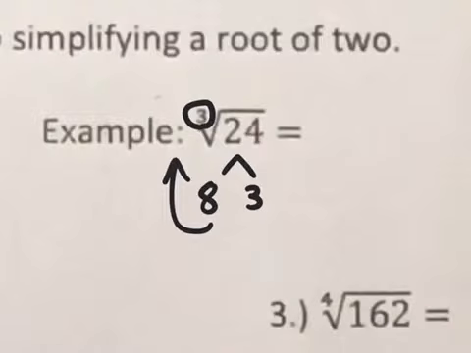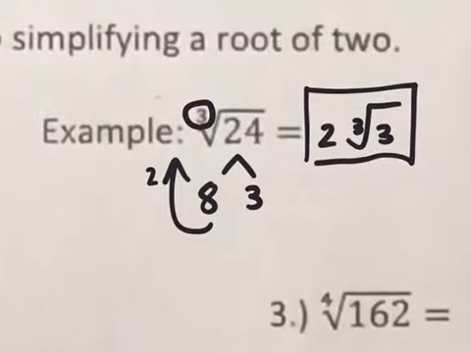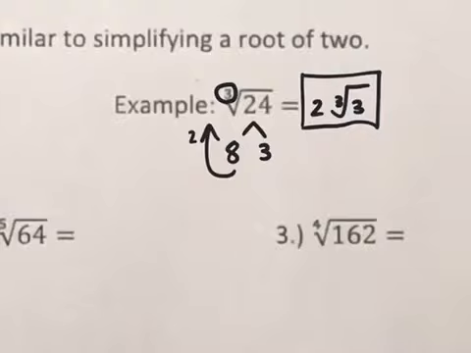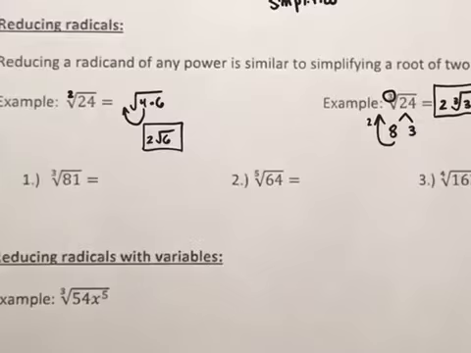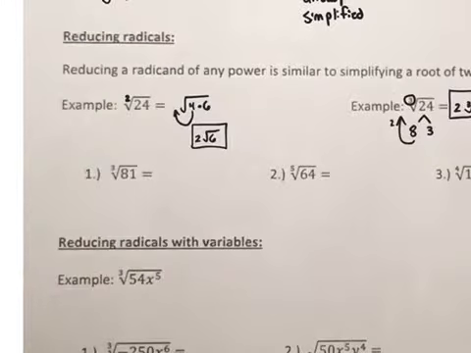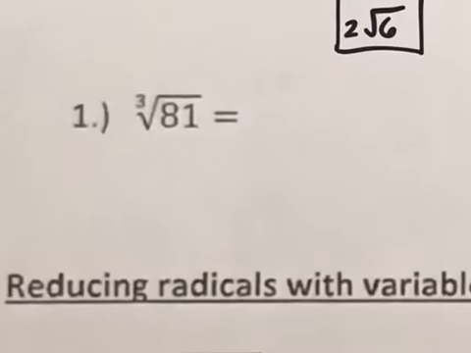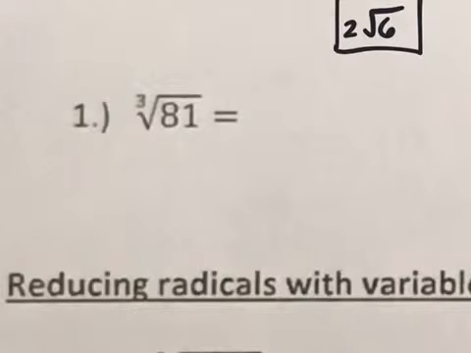The cube root of 8 is 2, so this one would be a 2 that escapes, still working with a cube root, and there's a 3 stuck over on the inside. All right, so you have to pay attention to your index to decide what type of perfect squares, perfect cubes, perfect fourth roots that you're looking for. All right, and the more you work with these, the better you'll get.